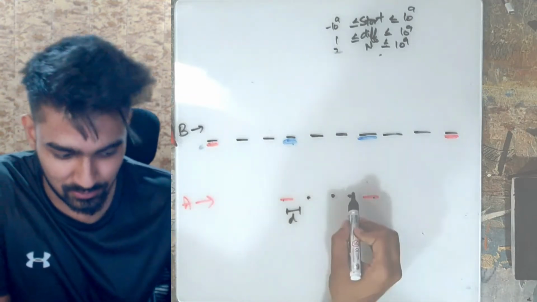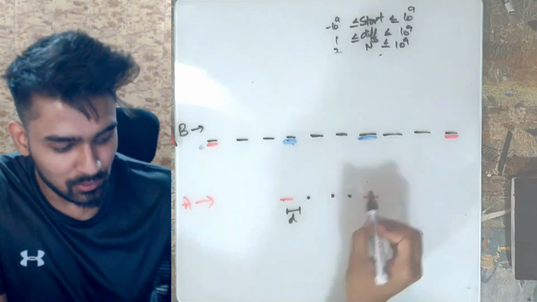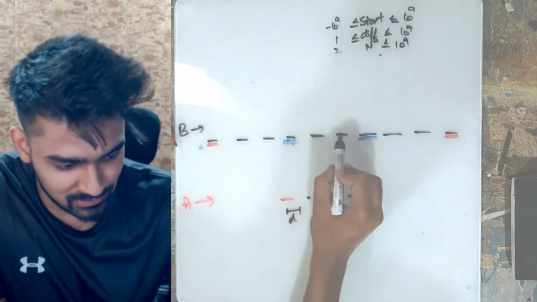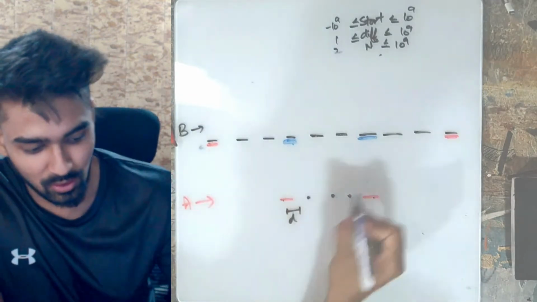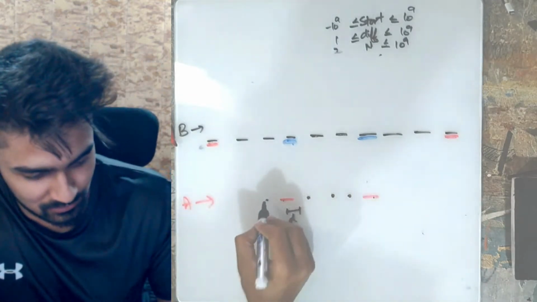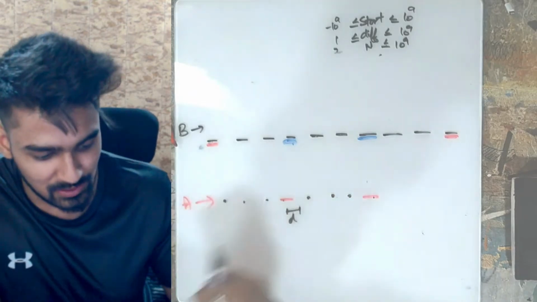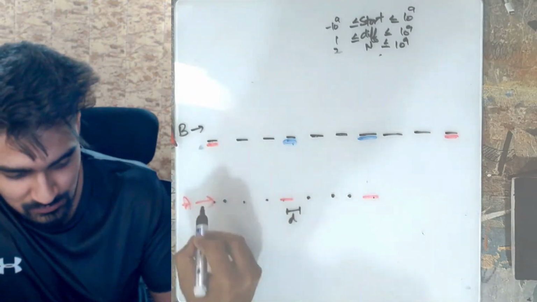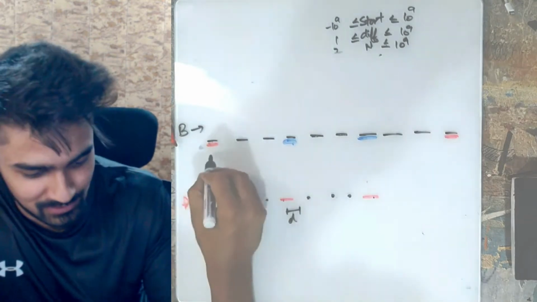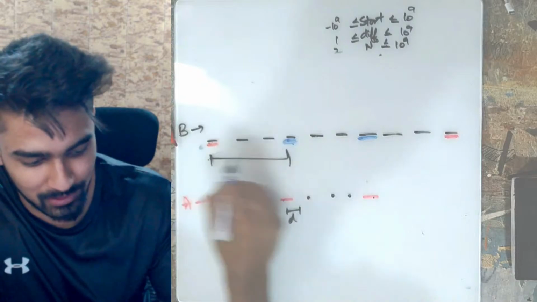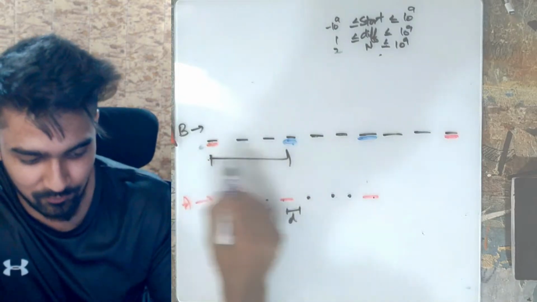You need to make sure that these 3 values don't coincide with these 2 values. That is the first thing. The next thing that you need to ensure is that you cannot add more than 3 values on this side, because if you add a fourth value, this fourth value will actually be this one. So you need to find this difference and see how many values you can add in this difference.